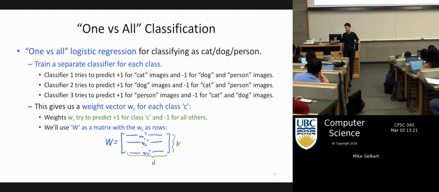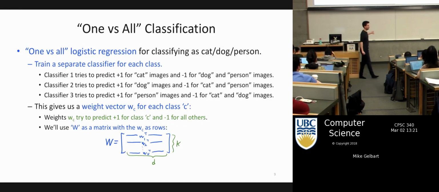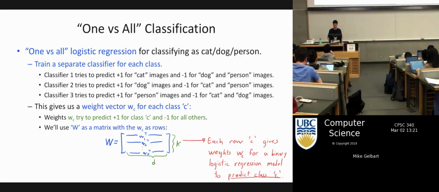So for example, with K-means, we also had a matrix W. Each row contains one of our means. That's not the same thing as here, but most of the time W will be of size K by D, meaning a collection of K vectors that live in our original space.